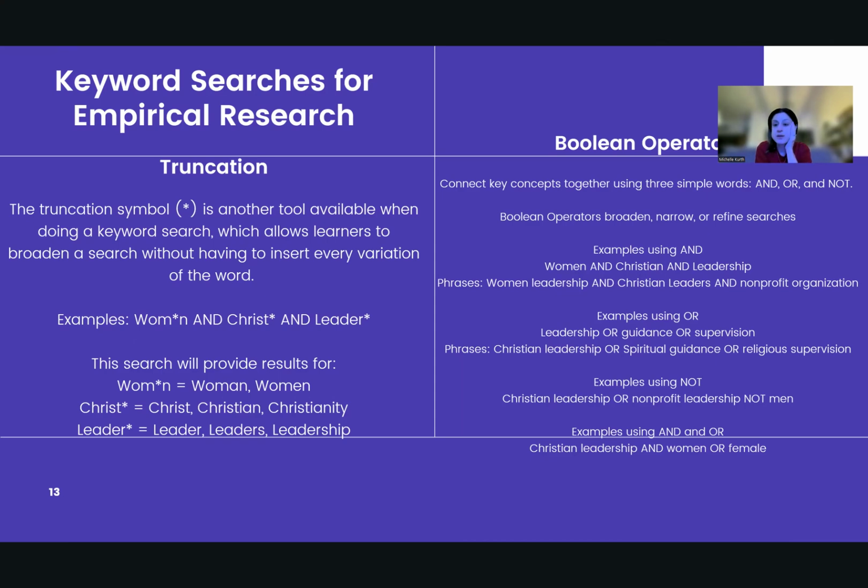Maybe I just want it to be women. So maybe I say Christian leadership or nonprofit leadership, not men. Or I can say Christian leadership or nonprofit leadership and women. Because I might be specific about the articles that I want to read, right? Who it's about. I will show you that in the library in a second.